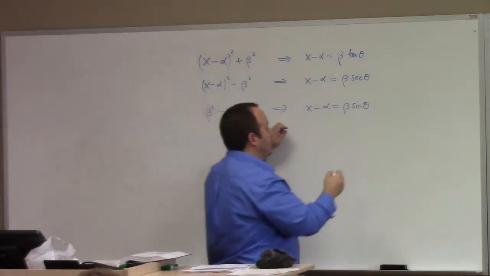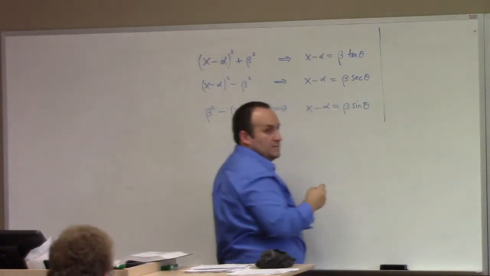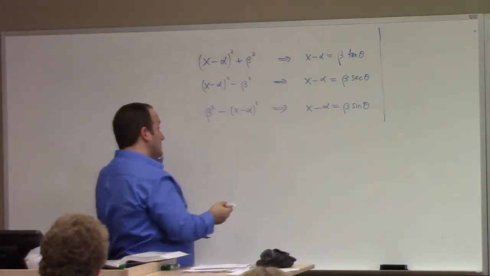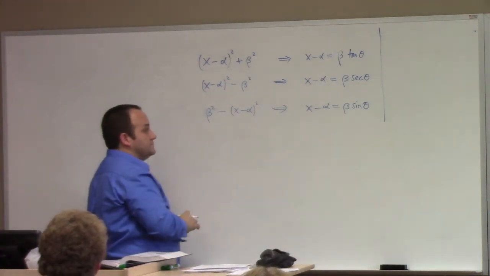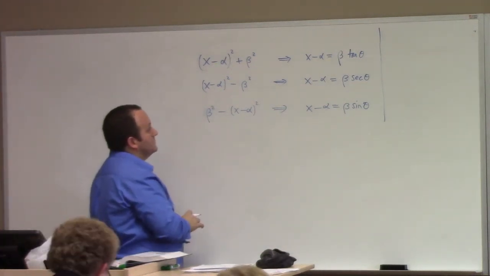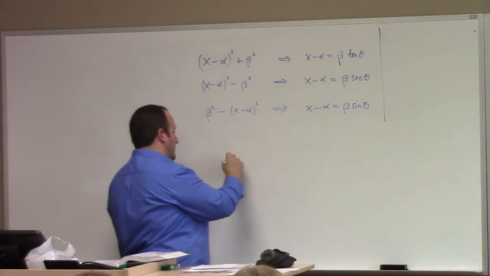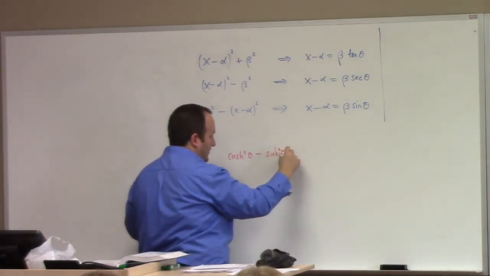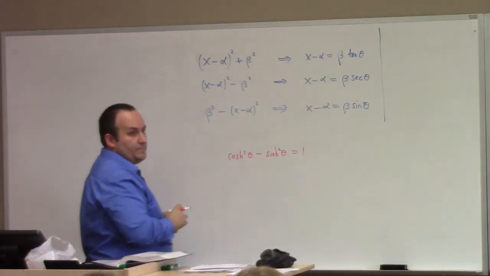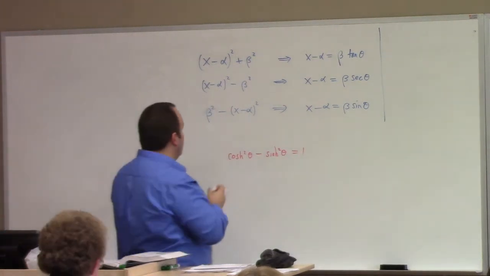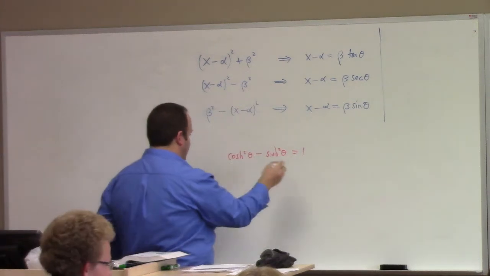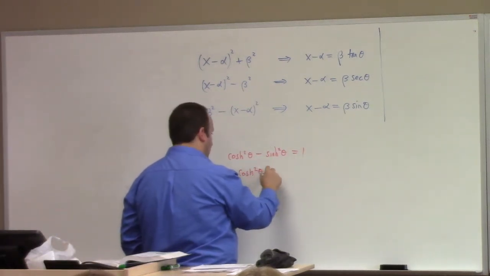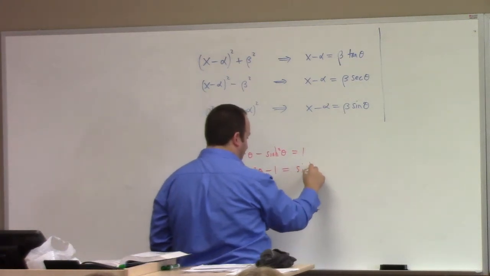What would the corresponding hyperbolic substitutions be if we were to go the hyperbolic path instead? Remember, it always goes back to cosh squared theta minus sinh squared theta is 1, right? So this gives me cosh squared theta minus 1 equals sinh squared theta, right?